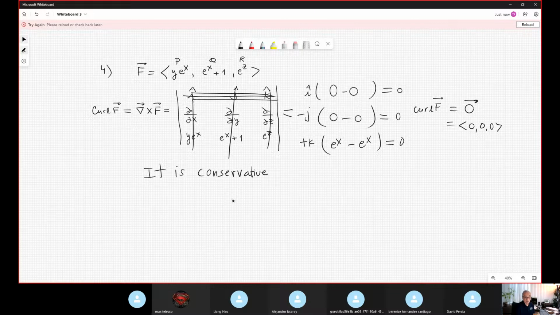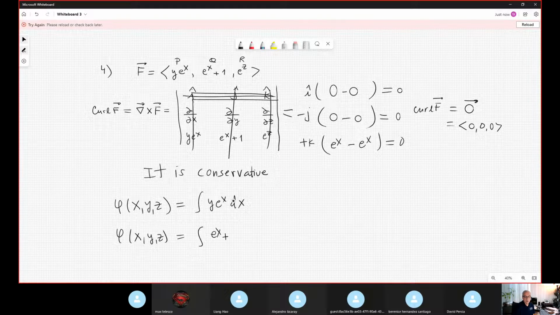So remember, antiderivative, component by component, which is equivalent to saying anti-gradient. So the function phi of x, y, z, three variables, three dimensions, is the antiderivative of y e to the x dx. But it's also the antiderivative of e to the x plus 1 dy.